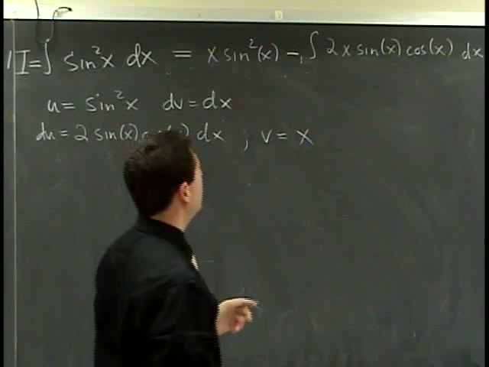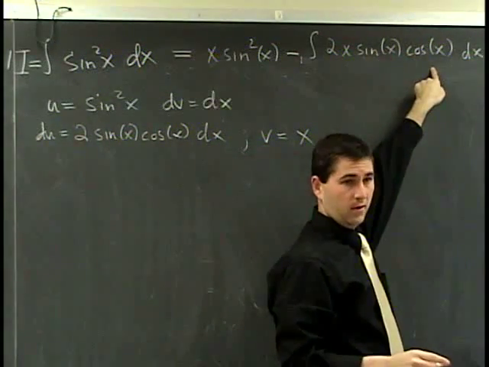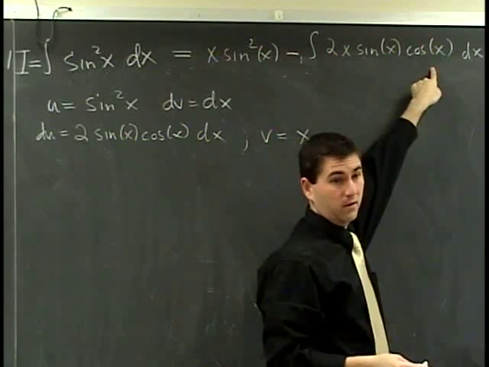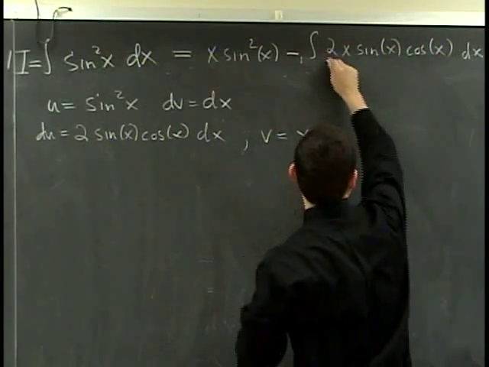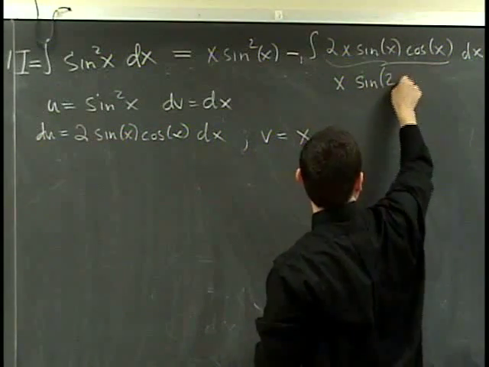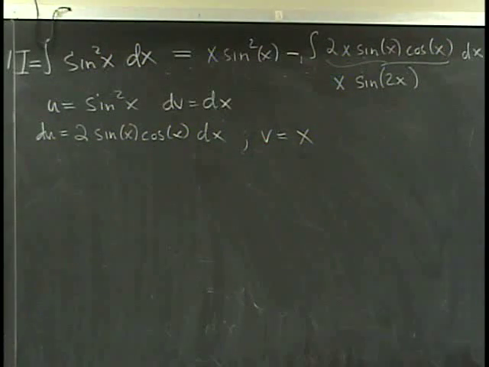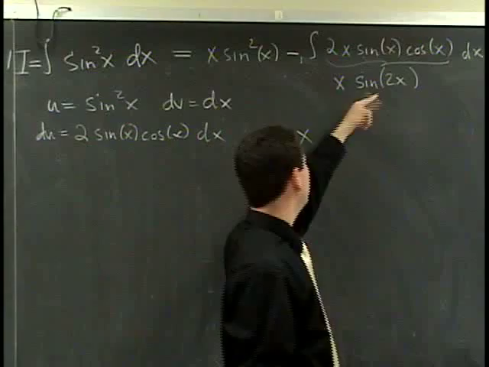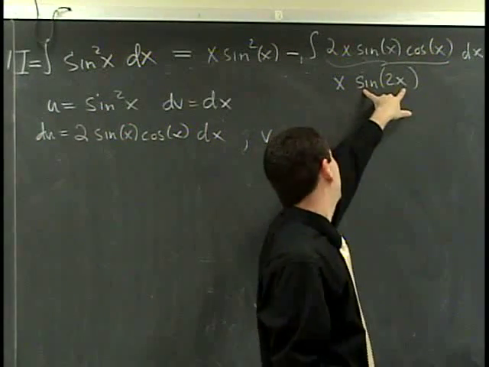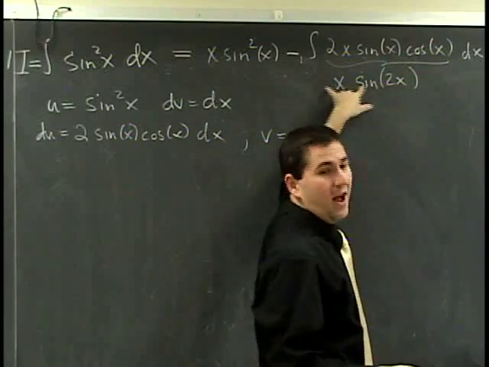Now, one observation you can make is that 2 sine of x cosine of x is actually sine of 2x. So I could rewrite this bit as x times sine of 2x. Unfortunately, this has made the problem somehow worse, because we don't know an antiderivative for x times sine of 2x.